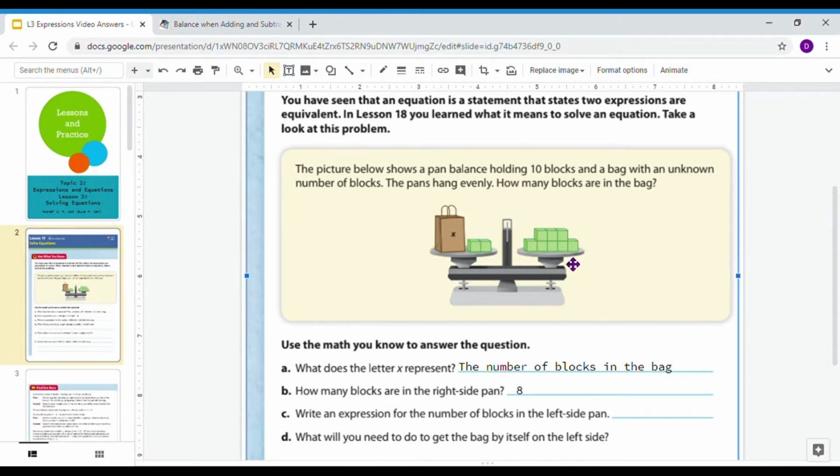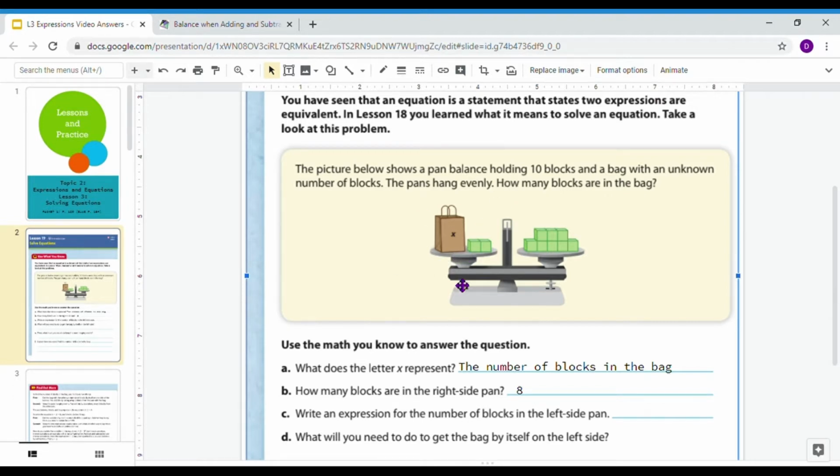And now it's asking us to write an expression for the number of blocks on the left side pan. So I know that I have 2 blocks, so that's a constant number, or just a whole number by itself, 2. But I also have this variable X, which is an unknown number of blocks.